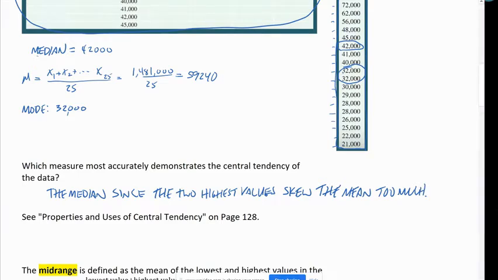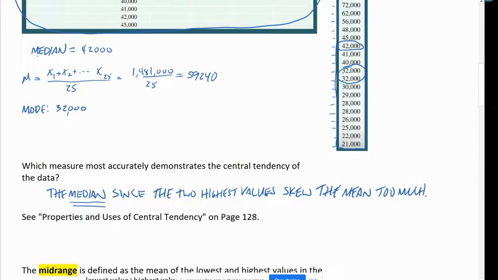And then I also put a note here. In this problem, we considered the mean, the median, and the mode, but we decided the median was going to do the best job of demonstrating the central tendency.